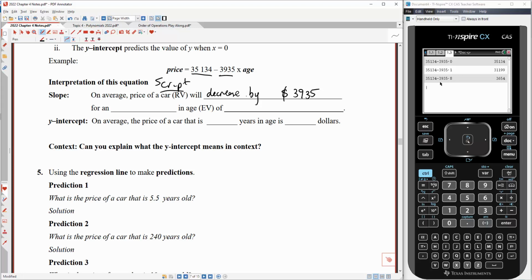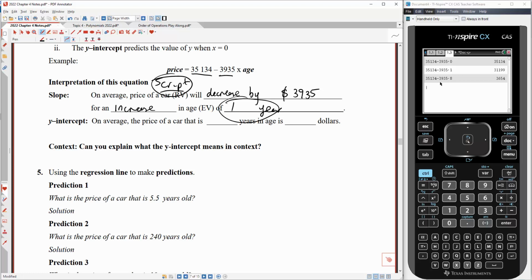Decrease by $3,935 for an increase in age of 1 year. This part is usually the 1 unit, and this part will be decreased by the value of the gradient. We use basically the same approach for every single equation that we get, so you can use this script to help you write your answers.